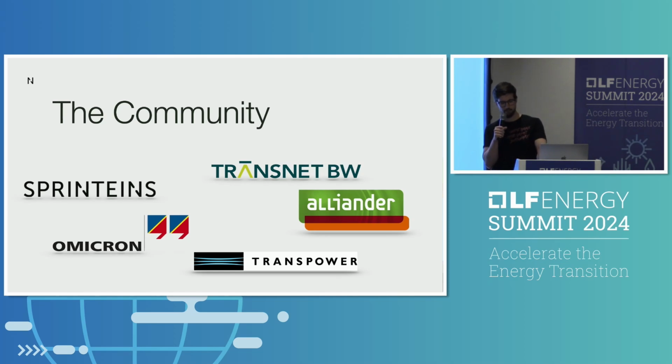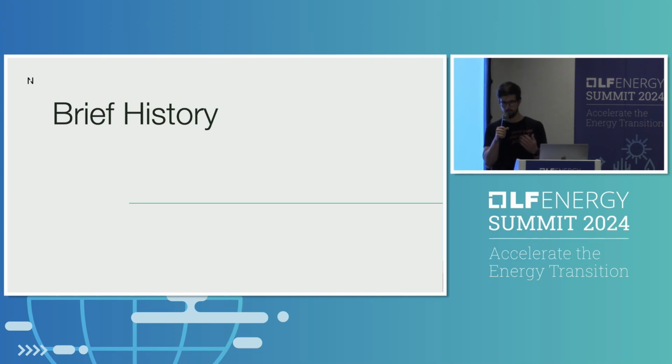What I also like to talk about is the history: how we got here, where we are today, and where we would like to go from here on. The whole OpenSCD project started at Omicron. Jacob Vogelsang saw a problem and tried to solve it by himself.